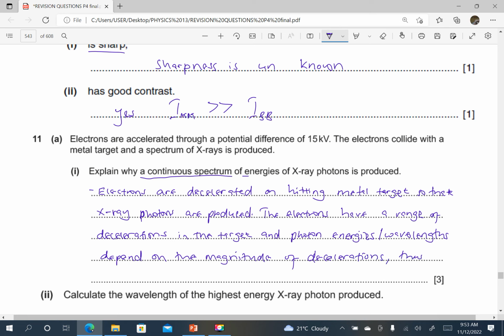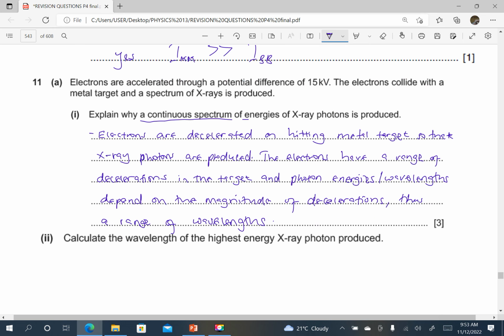Thus, a wide range. So there will be a range of wavelengths. The photon energies depend on these decelerations. So there will be a range of wavelengths since electrons undergo a wide range of decelerations.